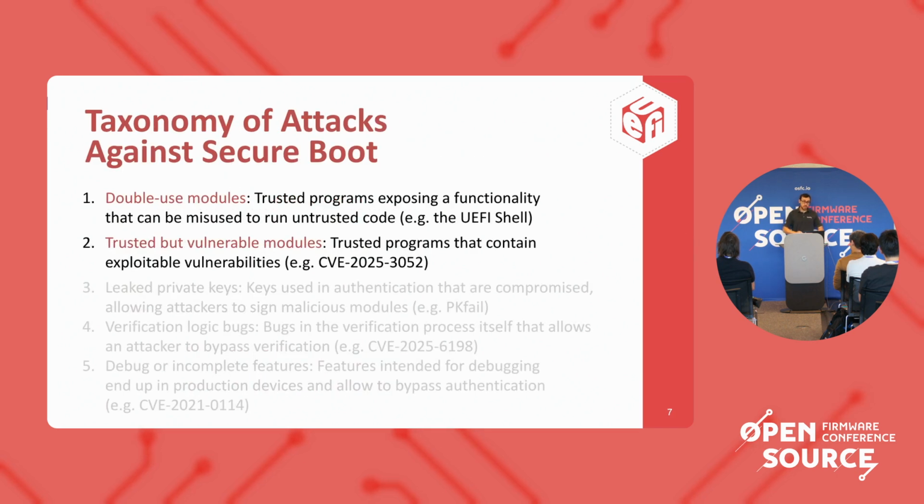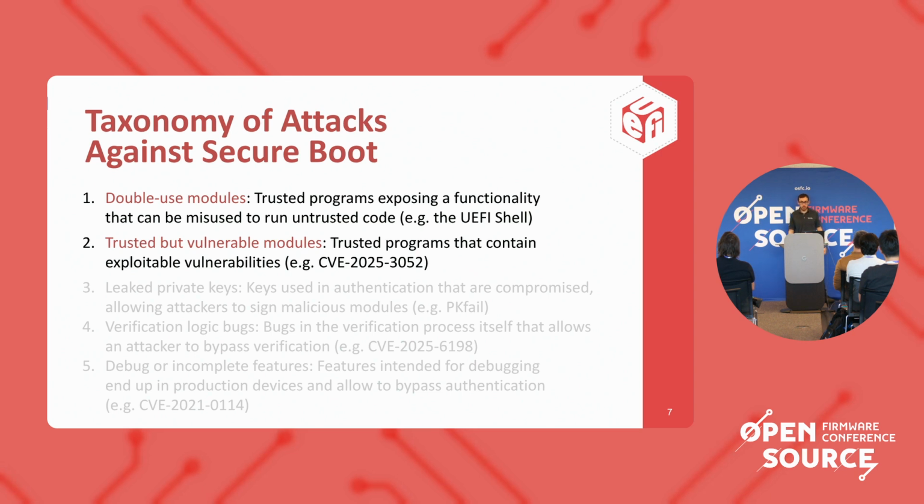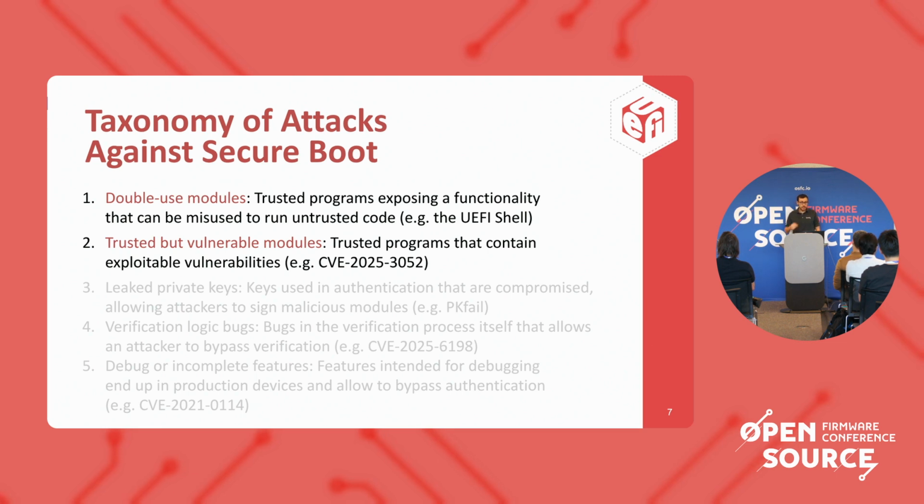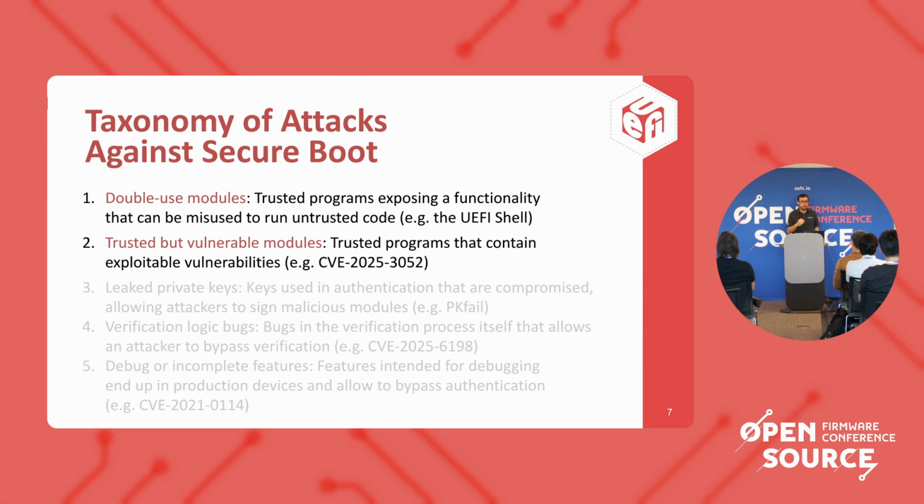Before actually starting this research, we took a look at Secure Boot and in general at the verification system, and we came up with this taxonomy of attacks. We will cover two of them today. The first category contains what we called double-use modules. These are trusted programs which expose a functionality that can be misused to run untrusted code.